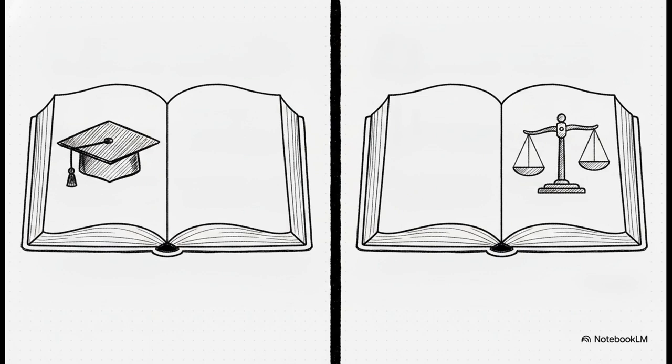It's an academic requirement. Copyright permission, on the flip side, is a strict legal requirement about whether you actually have the right to reproduce and distribute someone else's intellectual property. You can perfectly reference an image in your bibliography and still totally be in violation of copyright law if you publish it without permission. They are two completely different rulebooks, and a perfect citation doesn't magically grant you legal copyright usage.